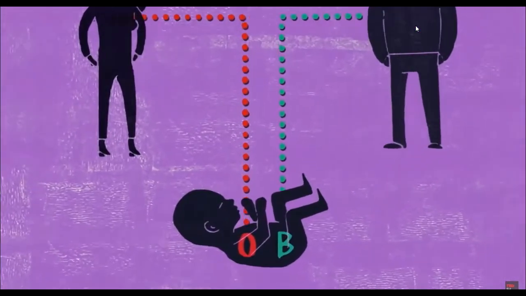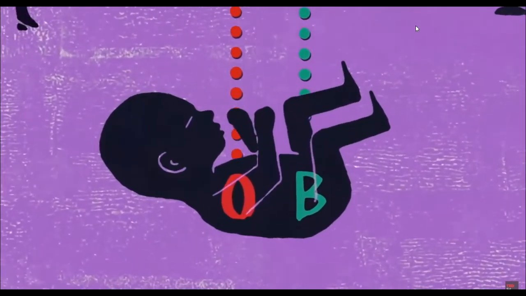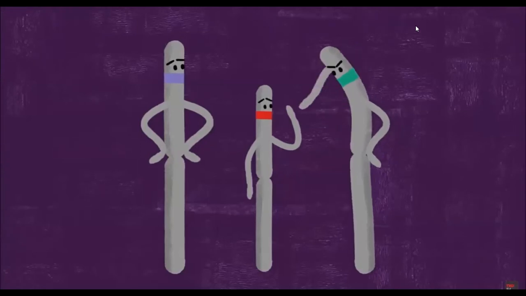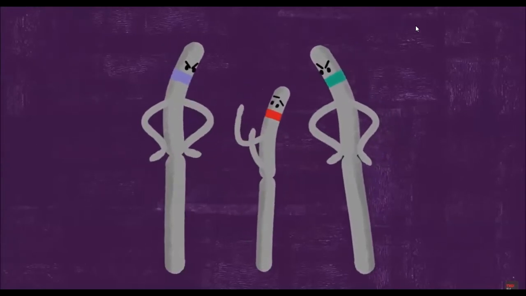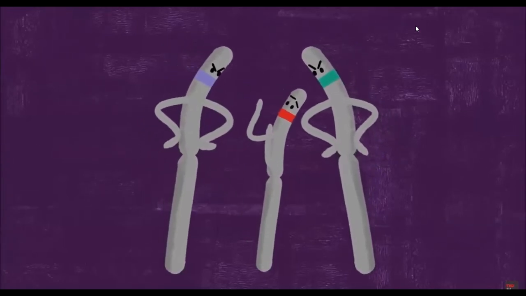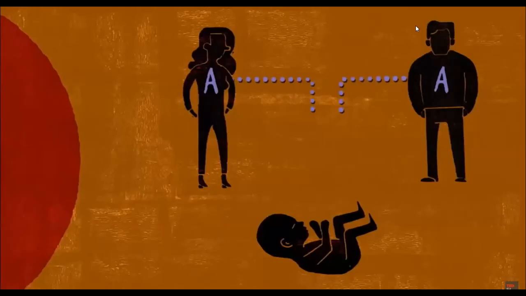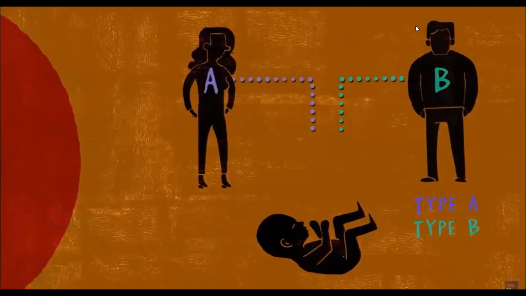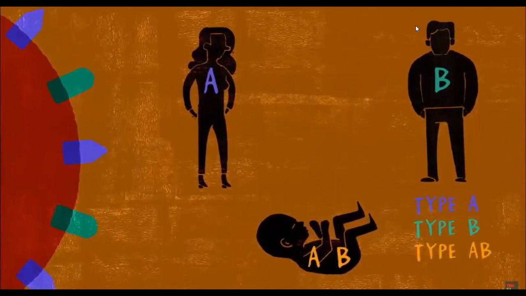When these happen to be different, one overrides the other, depending on their relative dominance. For blood types, the A and B alleles are both dominant, while O is recessive. So A and A gives you type A blood, while B and B gives you type B. If you inherit one of each, the resulting codominance will produce both A and B antigens, which is type AB.